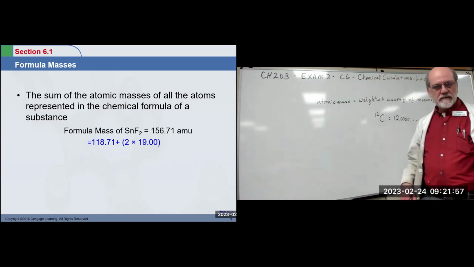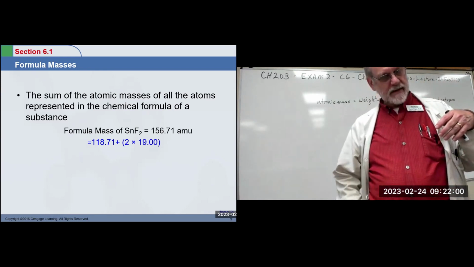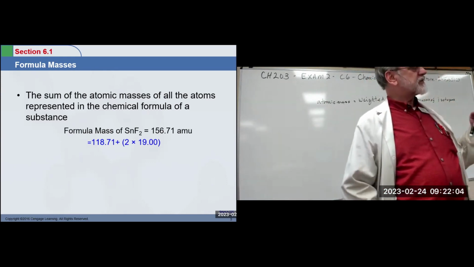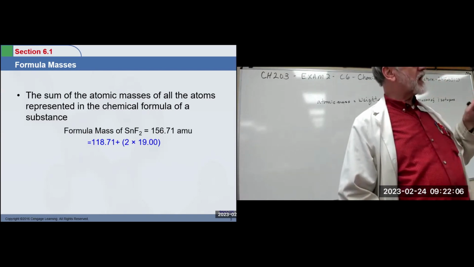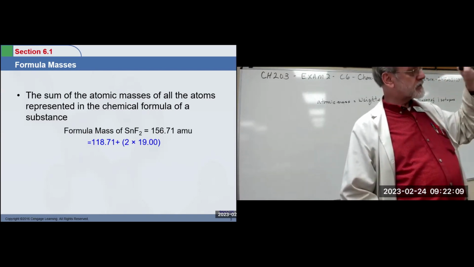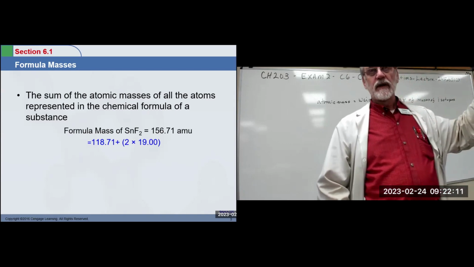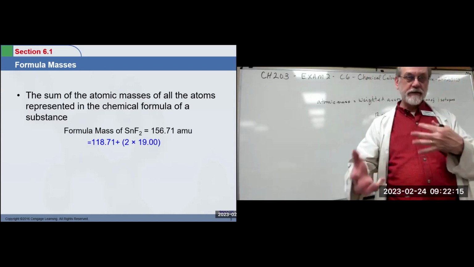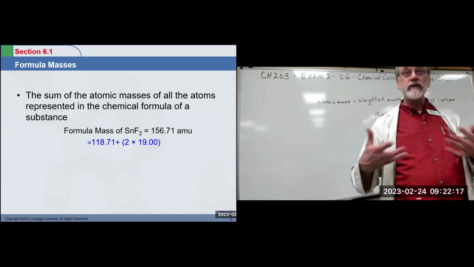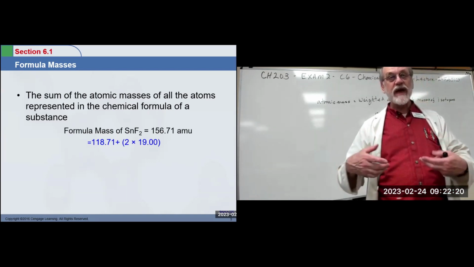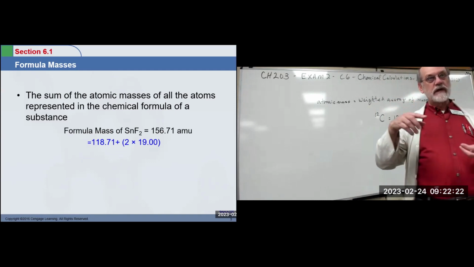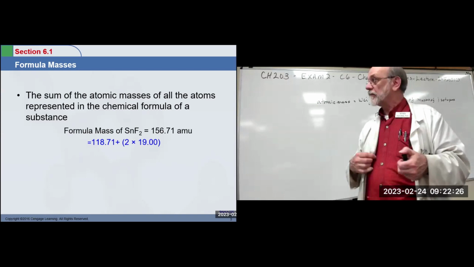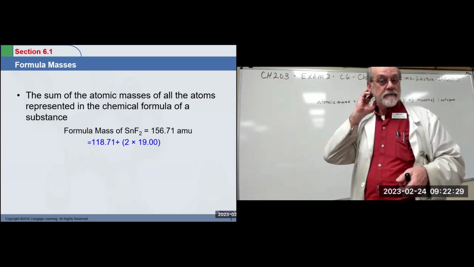So if we want to know the average atomic mass of an element, we just read it off the table. But if we want it for a compound where we have several different elements together, all we have to do is add up the individual atomic masses for all the elements and treat them as individual atoms. So here our example is tin-2 fluoride.